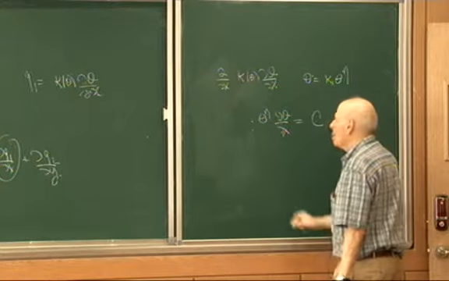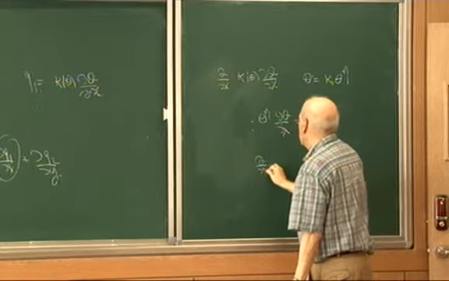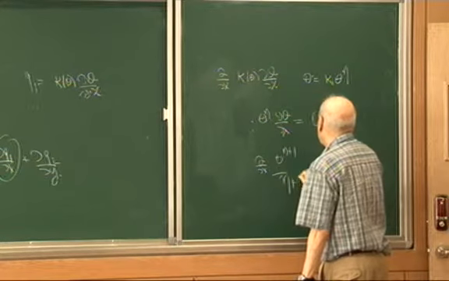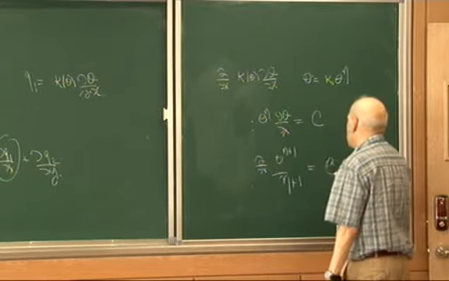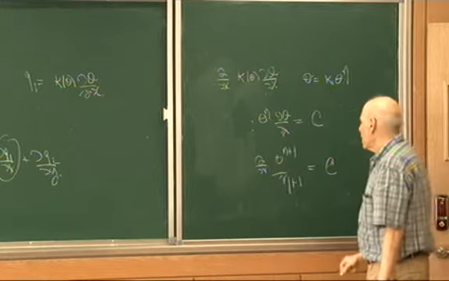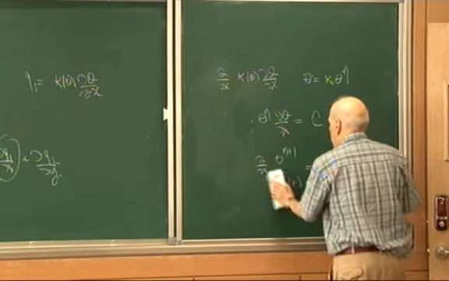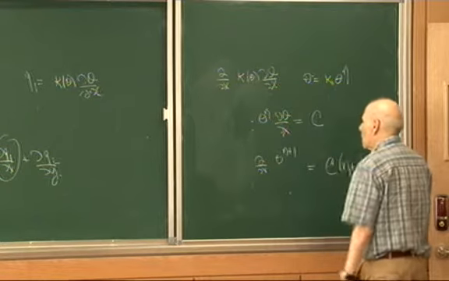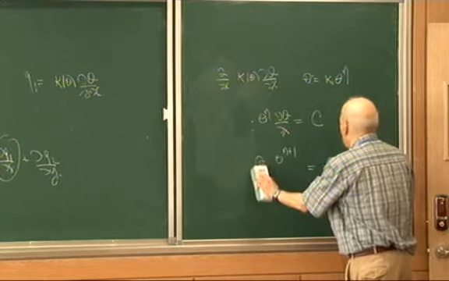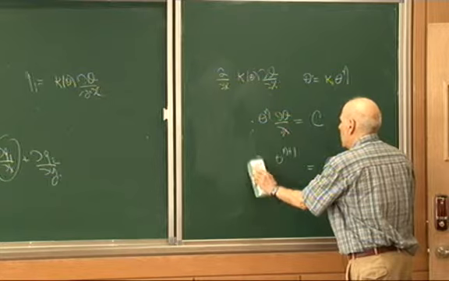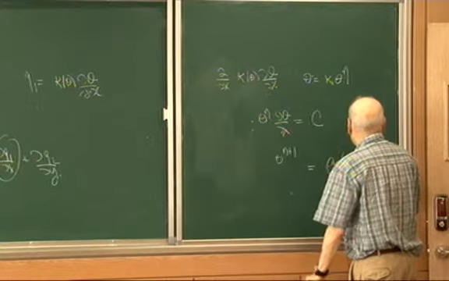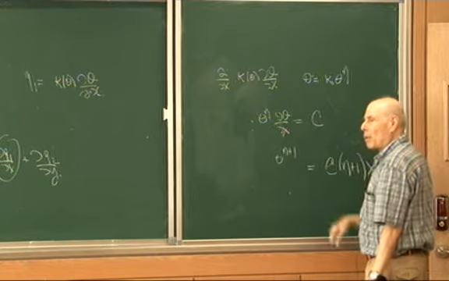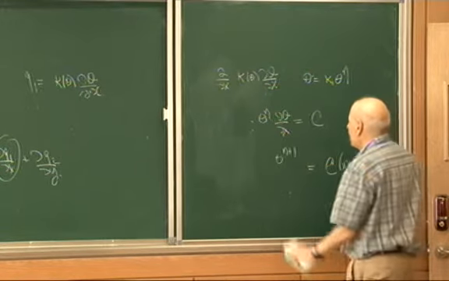Of course, everybody sees that means that this guy is a constant, which means d dx of theta to the eta plus 1 over eta plus 1 is a constant, multiplied by eta plus 1. Okay, so that means this one equals a constant times x plus another constant. Well, let's not worry about the other constant.